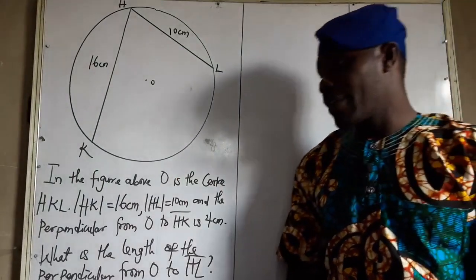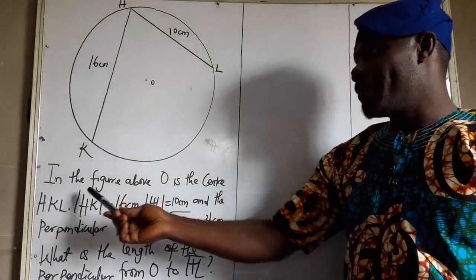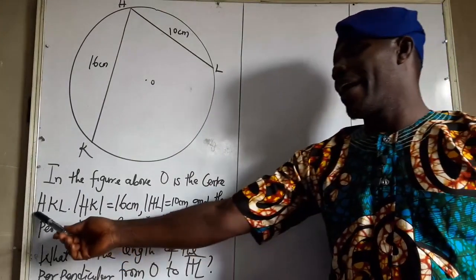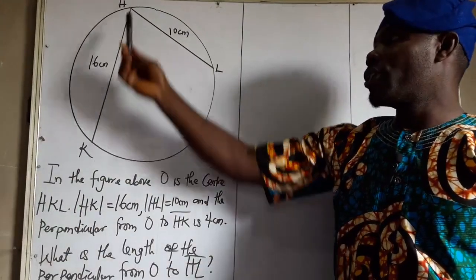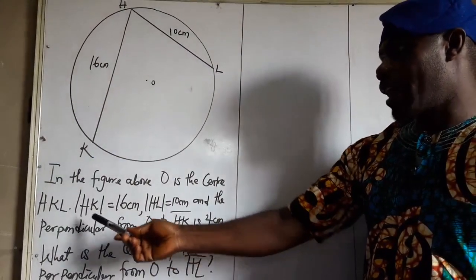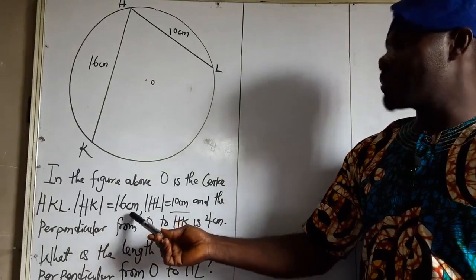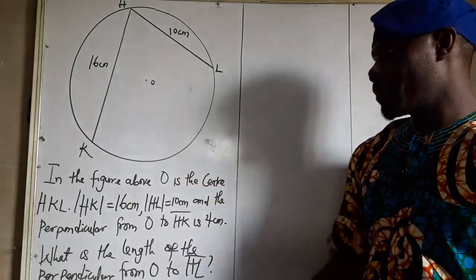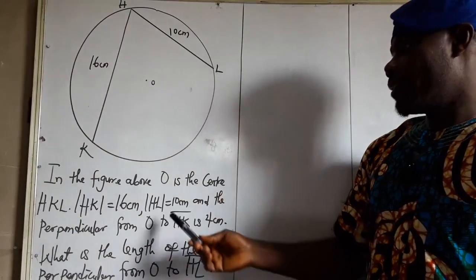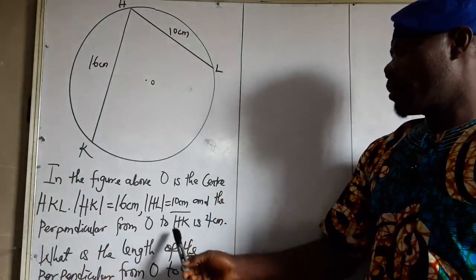This is the question, and it's a circle. It says in the figure above, O is the center of the circle HKL, where the line HK is equal to 16 centimeters, and HL is equal to 10 centimeters.